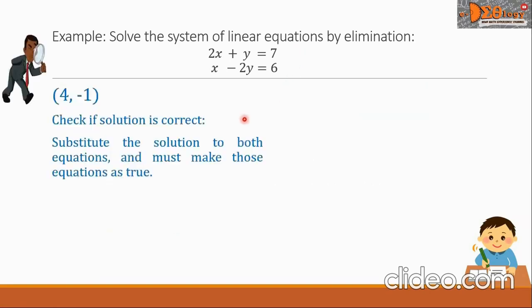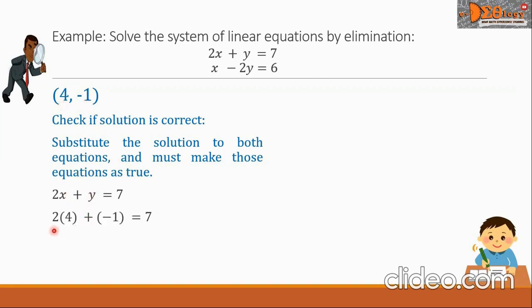Now let us check if this answer is correct. Let us substitute the solution into both equations, and they must make those equations true. Let us take the first equation, 2x plus y equals 7. Let us substitute the 4 for x and the negative 1 for y.